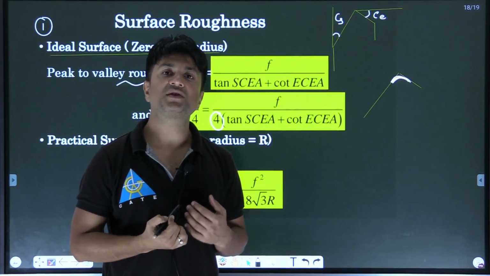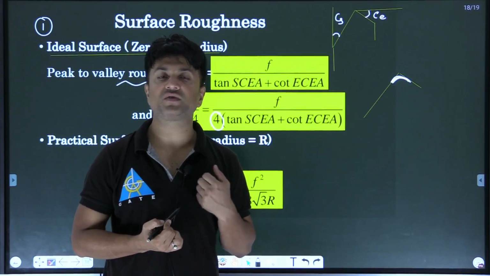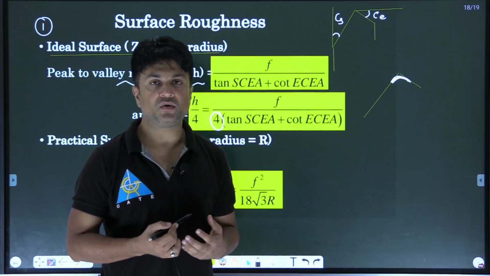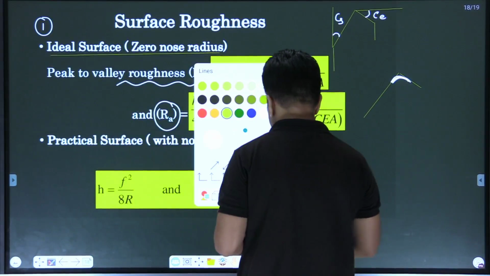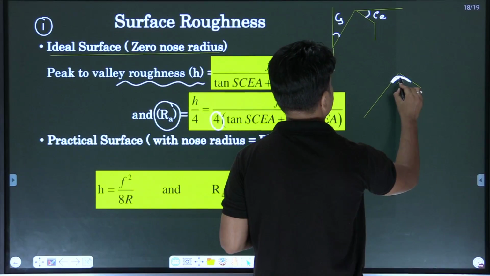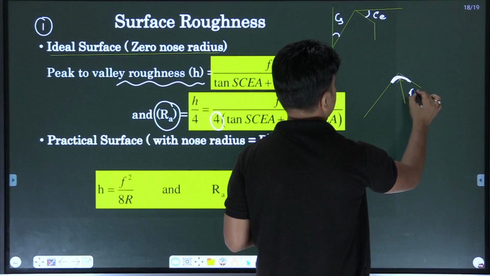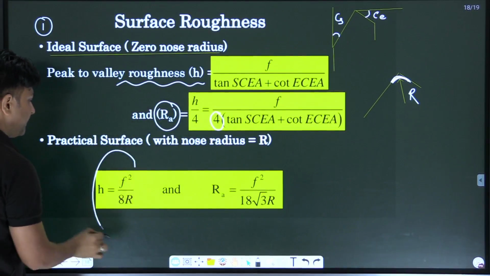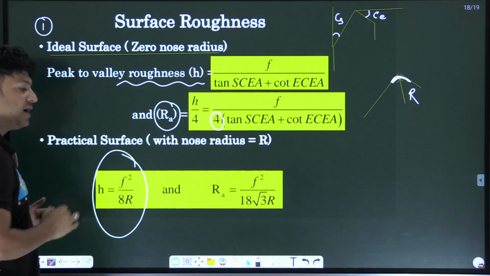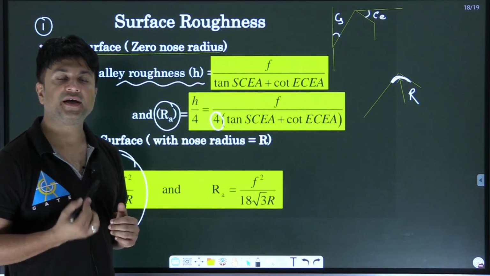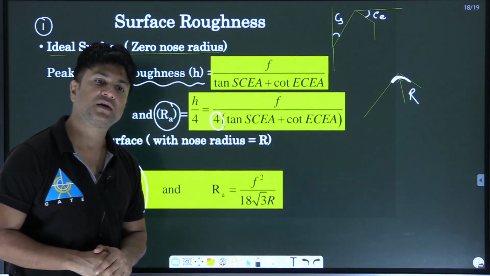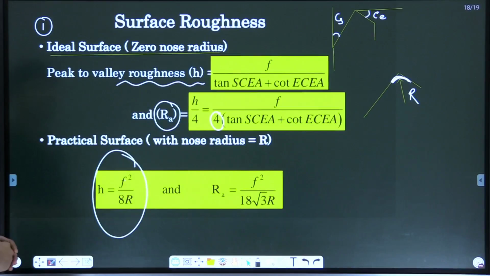Initially you may take a sharp tool whose radius of curvature is 0, but during machining the tool wears out, the tip becomes rounded and a nose radius appears. In that case, the roughness is F square by 8R. And the average surface roughness is F square by 18 root 3 R. So please remember this formula, it will be very useful.